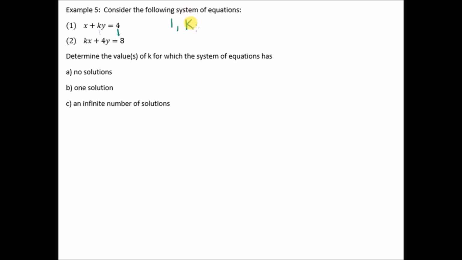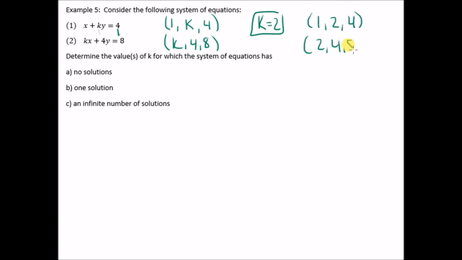So if we have 1, k, and 4, and we have k, 4, and 8. Okay, so we said originally if k equals 2, then we have 1, 2, and 4, and we have 2, 4, and 8.